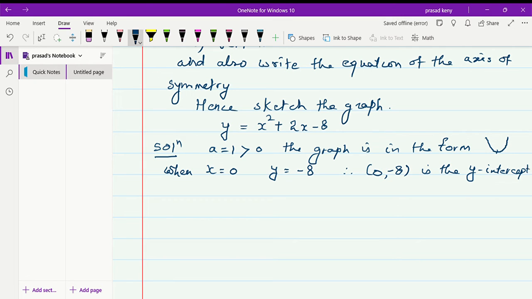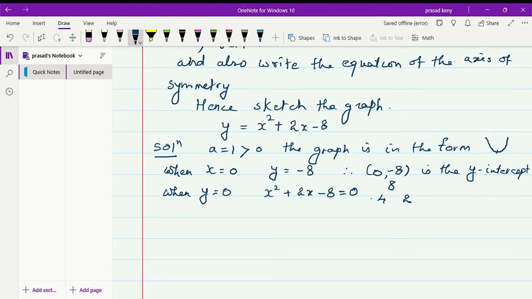Now, put y = 0, that will give the x-intercepts. So, x² + 2x − 8 = 0. And in this case, the equation is easily factorizable, factors of 8, such that difference is 2. So 4 and 2.